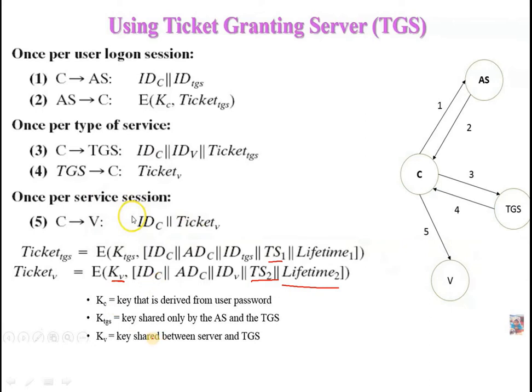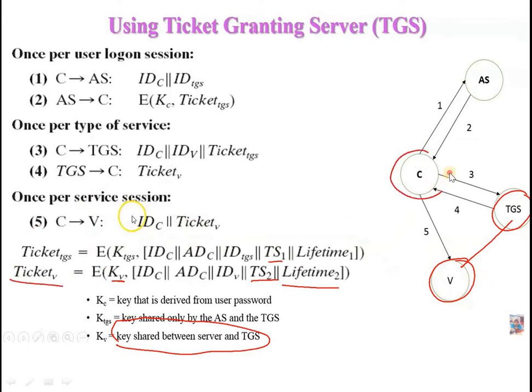What is KV? KV is the key that has been shared between the server and TGS, so KV is known only by the server and the TGS. Now we share this ticket V with the client.